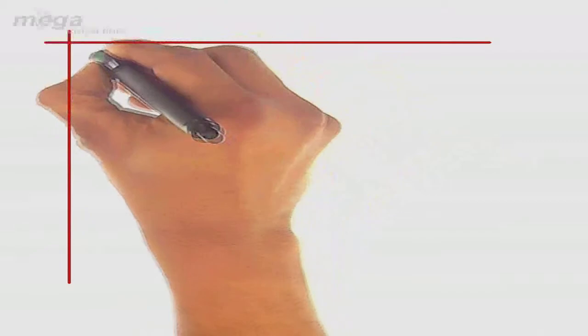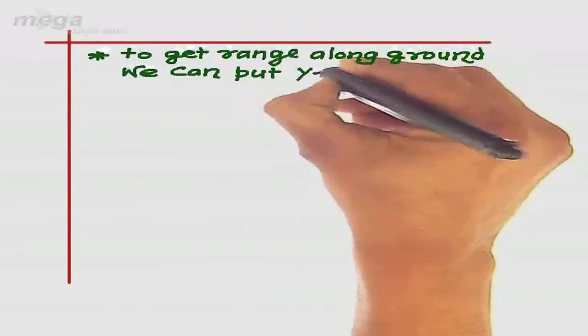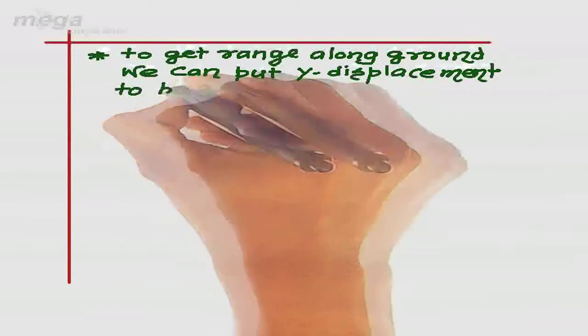The next point about the equation of trajectory is that to get the range along the ground, we can put y displacement to be 0.